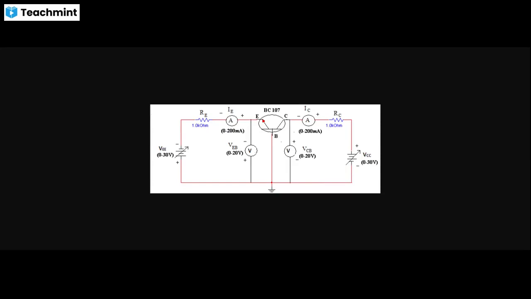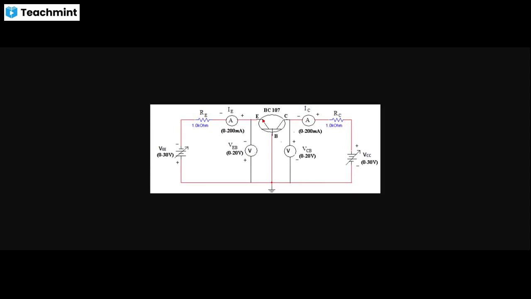Okay. So in common base configuration, two types of characteristics we will see. One is called the input characteristics, another is called the output characteristics. So what are input characteristics? Input characteristic curves relate the input emitter current IE and the input emitter to base voltage VEB, keeping the output collector to base voltage VCB constant.